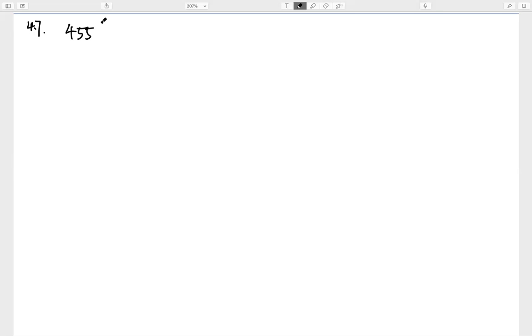So that means we will have s double dot for our s. It's the accumulated value of annuity due. How many payments? I have 15 years, but what I don't know is the effective interest rate. But I'm given the discount rate is 3.5%, convertible monthly.